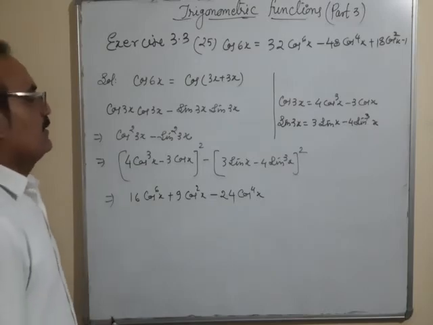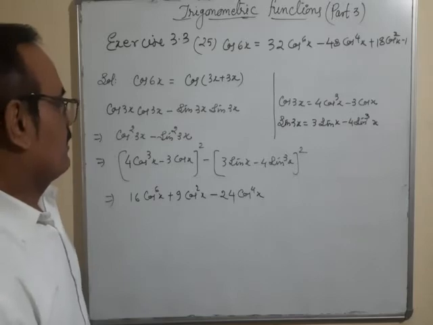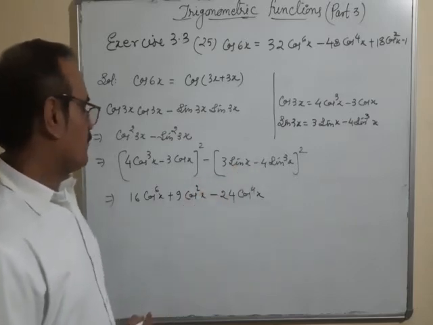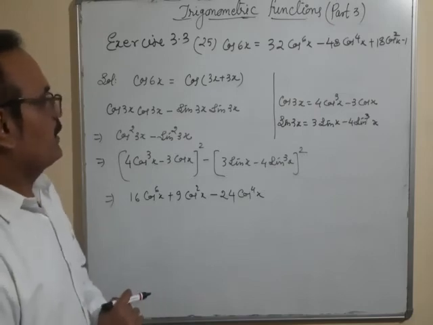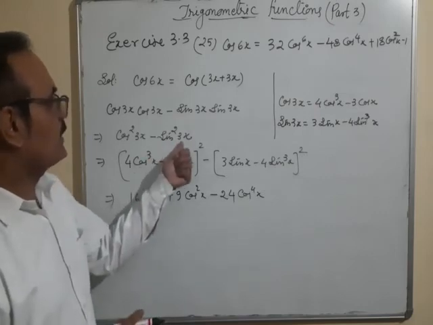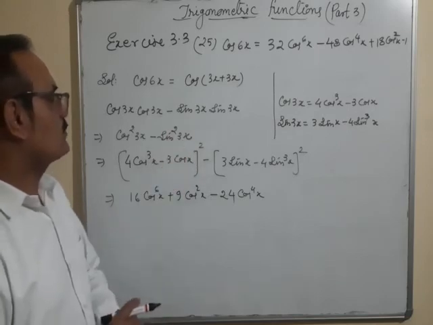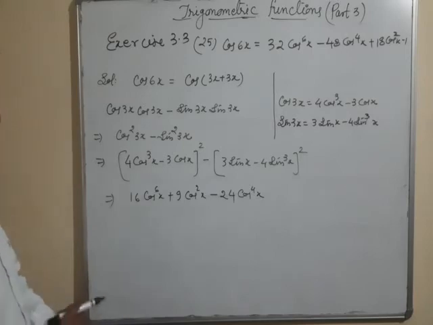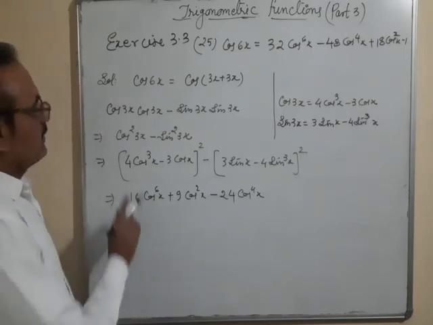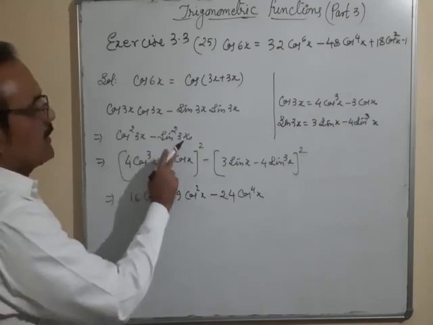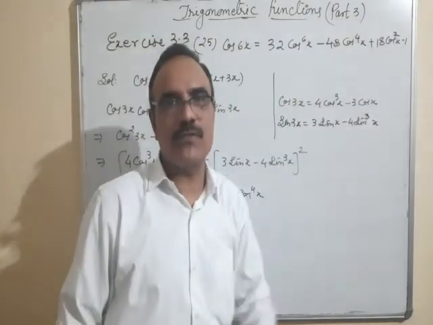After that, by the way, it is coming in the form of sine, but we want to take all the terms into the form of cos. So this is sin square 3x, I can write here 1 minus cos square 3x, because on the right hand side we want all the terms in the form of cos.